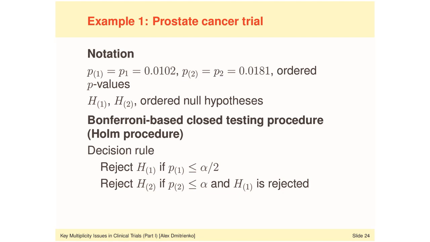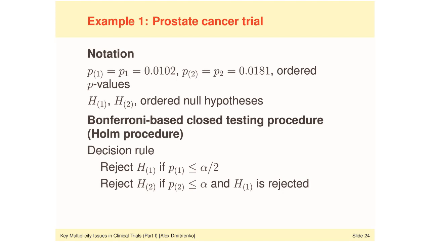The second property greatly simplifies the implementation of most closed testing procedures in clinical trials, and it also facilitates communication of the resulting decision rules and the outcomes to non-statisticians, which is very important in the design and analysis of clinical trials with multiple objectives.